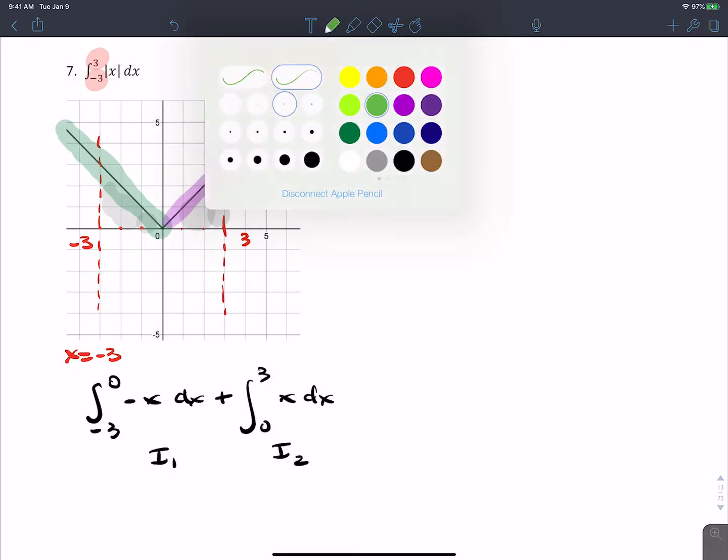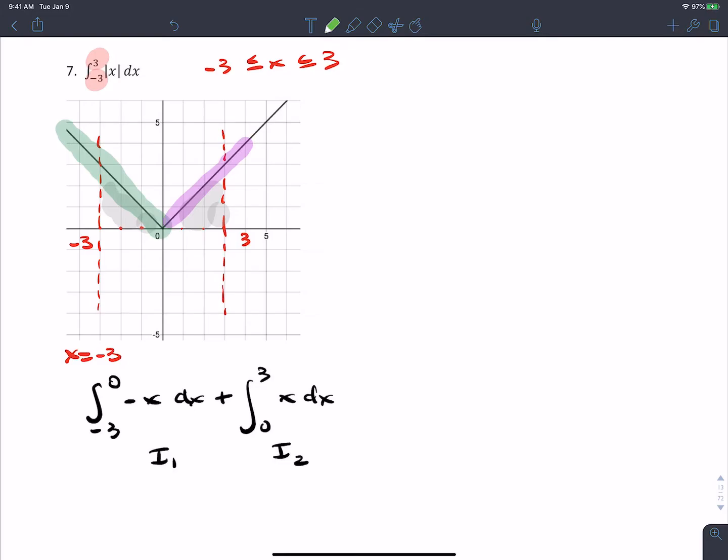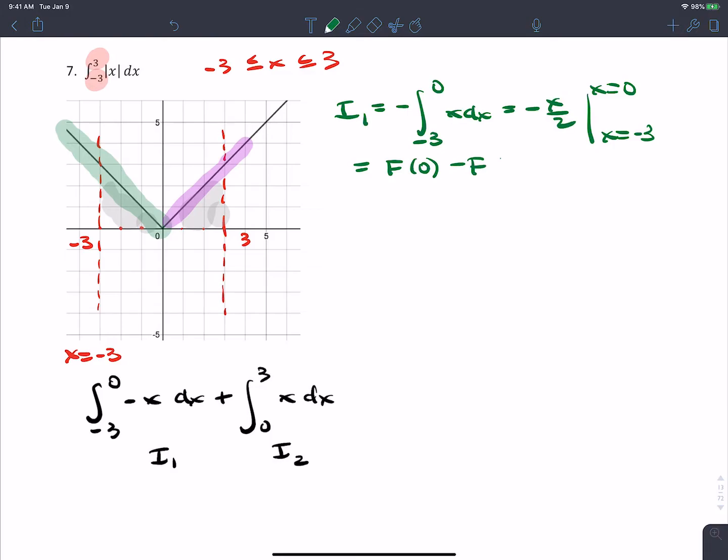And in green here, we notice that if we integrate this particular integral, call it I1, that's minus the integral from negative 3 to 0 of x dx, which should give us negative x squared over 2, from x is negative 3 to x is 0. We write this as f of 0 minus f of negative 3, which is negative 0 squared over 2 minus negative 3 squared over 2.